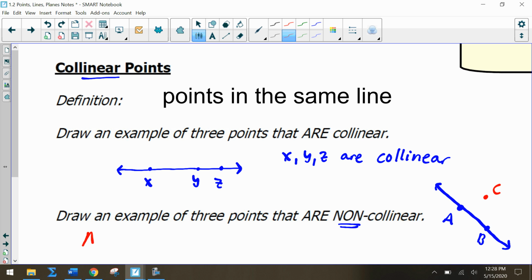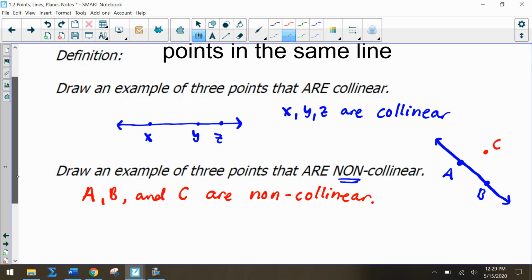So we could say A, B, and C are non-collinear. But we could say A and B are collinear because A and B are on the same line. Okay. And if we grouped it together and said C and B, since C and B are just 2 points, we could say C and B are collinear.